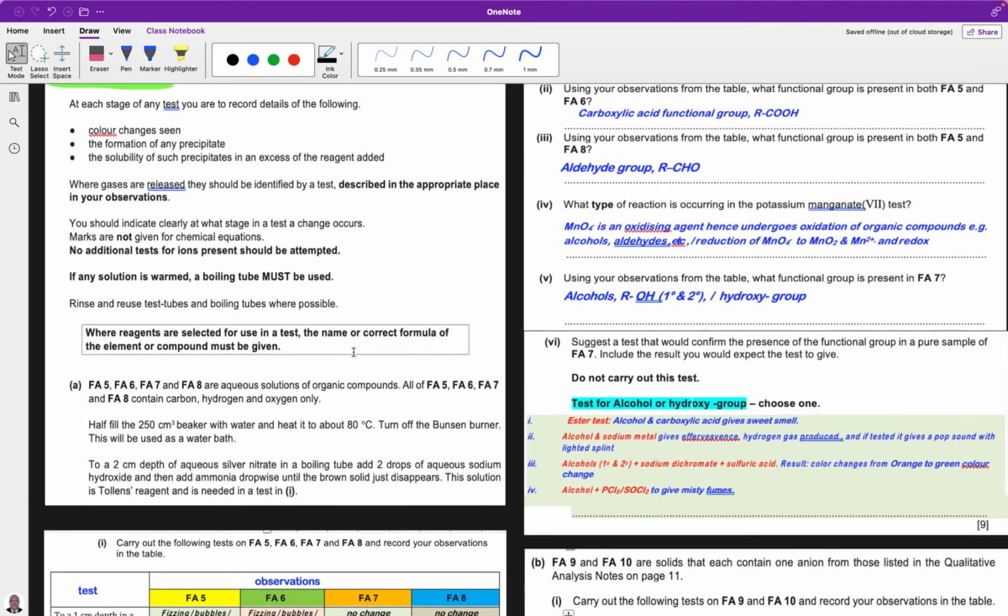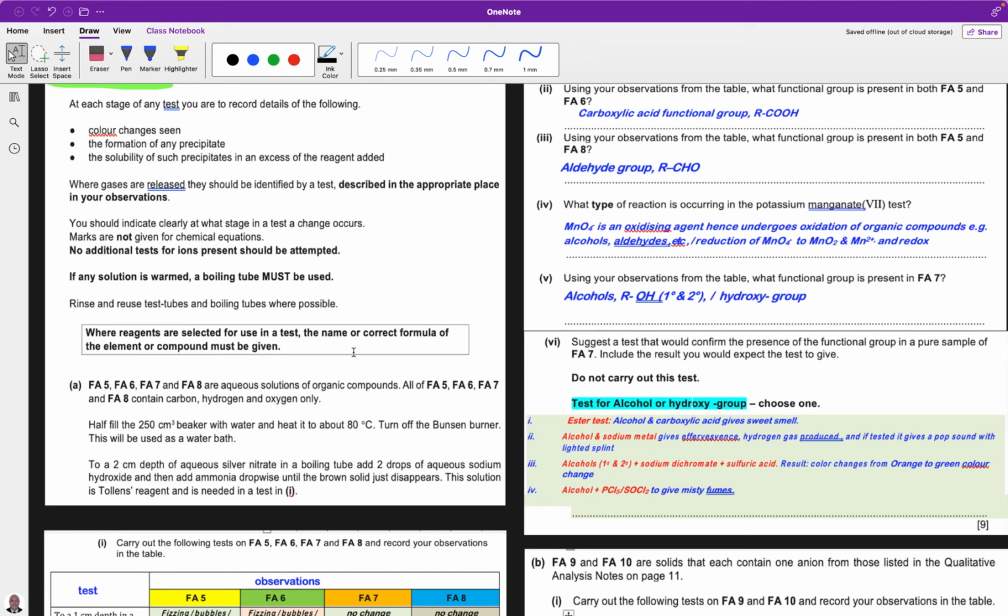Where gases are released, they should be identified by a test described in the appropriate place in your observations. You should indicate clearly at each stage in a test that a change occurs. Marks are not given for chemical equations, so you don't need to be writing chemical equations. No additional tests for ions present should be attempted.